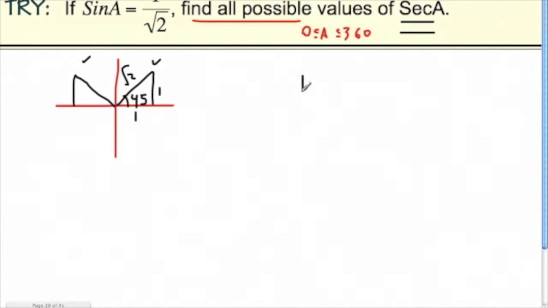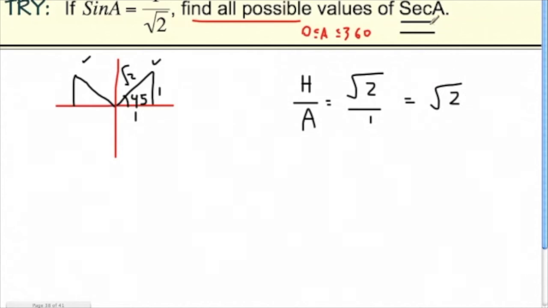Well, we know secant to be h over a, right? Because it's the flip of cos. If we look at our diagram, the hypotenuse is the root 2, and our adjacent is 1, so we can write it as just the square root of 2.